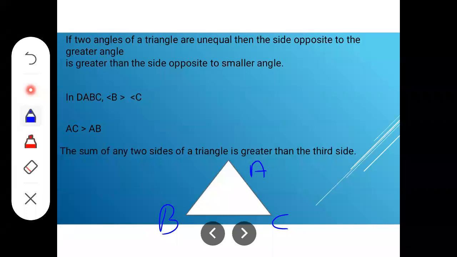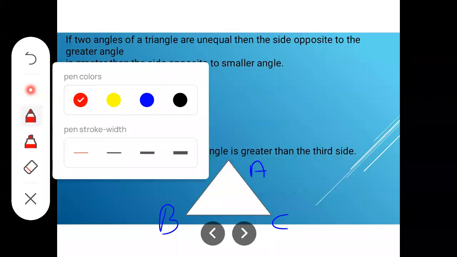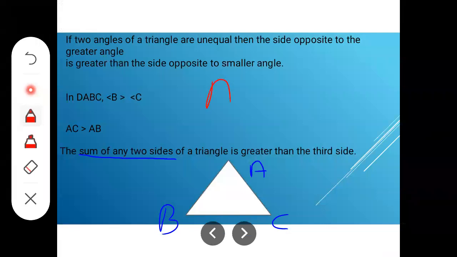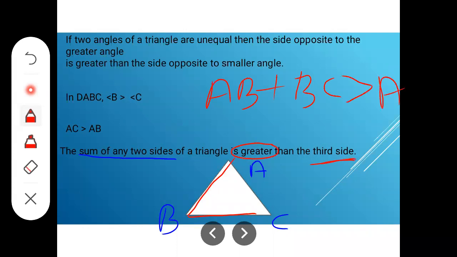Now what is the statement? Sum of any two sides. Now do the sum of any two sides. So AB plus BC. The sum of any two sides is greater than the third side. Now which is the third side? AC is the third side.